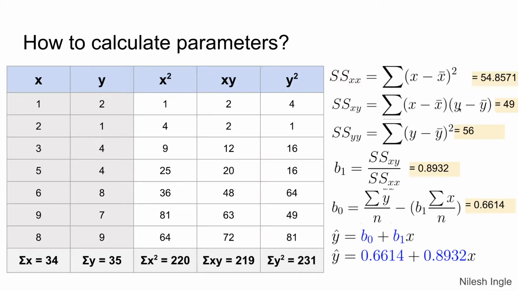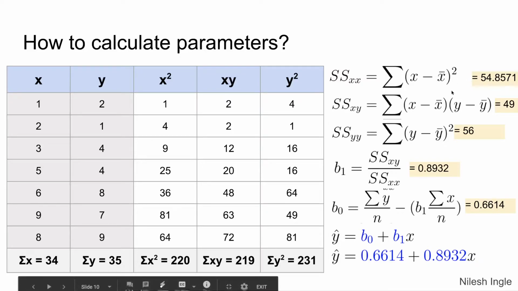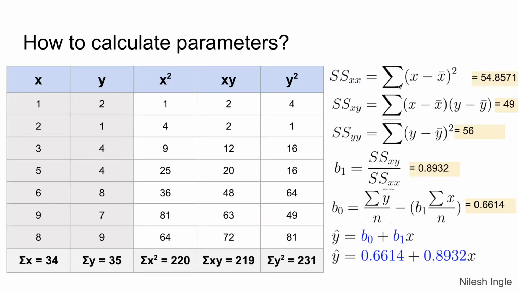So here y is the value and y bar is the mean, x bar is the mean, x is the value. So let's say here we'll have x minus x bar, means it's 1 minus the mean of this column, and then we square that. And then finally the summation tells us that we add all those squared values and we end up with 54. So that's how we calculate all these values.